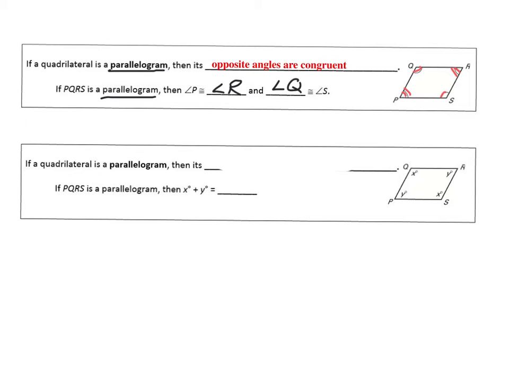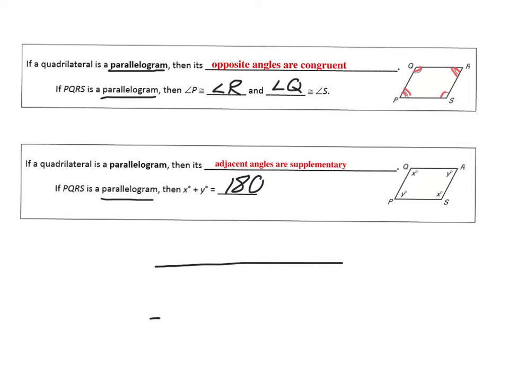If the quadrilateral is a parallelogram, then adjacent angles are supplementary. What that is saying is that in this parallelogram, x plus y is going to equal 180. So why exactly is that true?